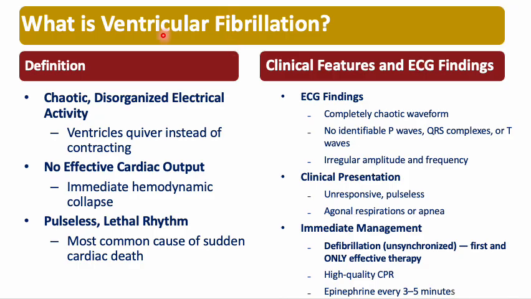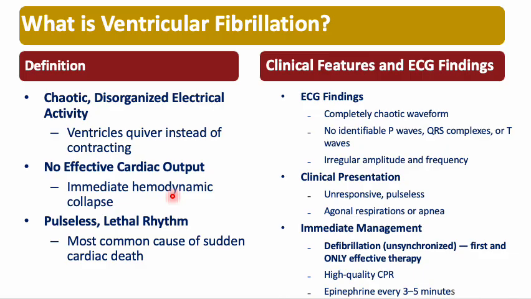Next, we're going to talk about ventricular fibrillation. This is chaotic, disorganized electrical activity. The ventricles basically quiver instead of contracting. There's no effective cardiac output, and this usually leads to immediate hemodynamic collapse. If patients are pulseless, this is usually a lethal rhythm, and it's the most common cause of sudden cardiac death.